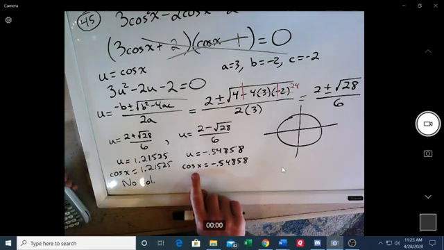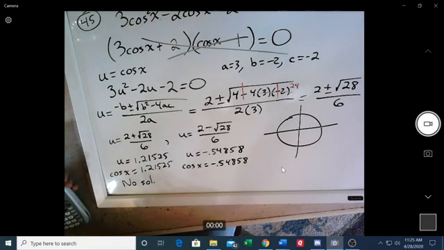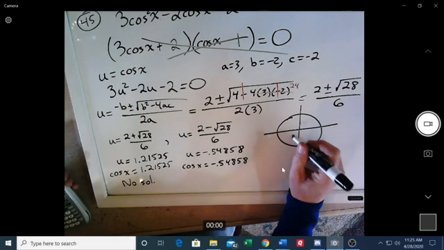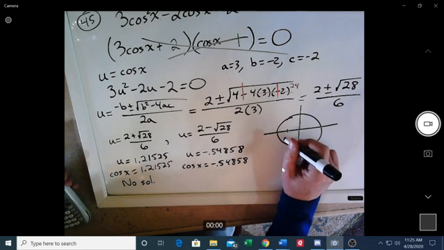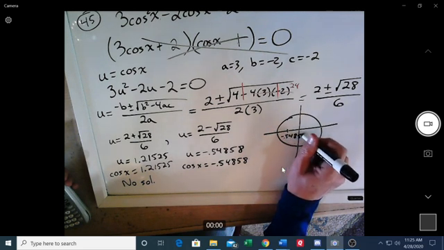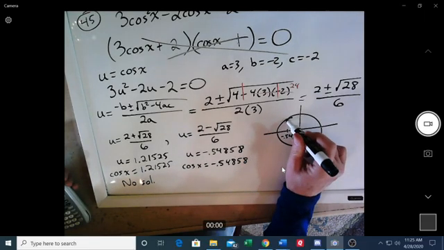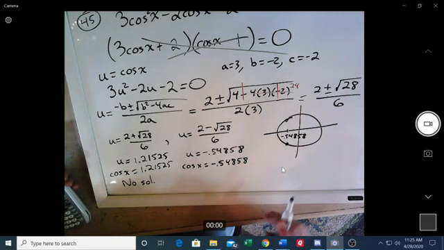If I just type in the inverse cosine of this, the calculator is going to give me one answer because it's programmed to make it into a function, but there are two possible answers. I put this negative 0.54858 on the x-axis. I'm going to get this angle and this angle.